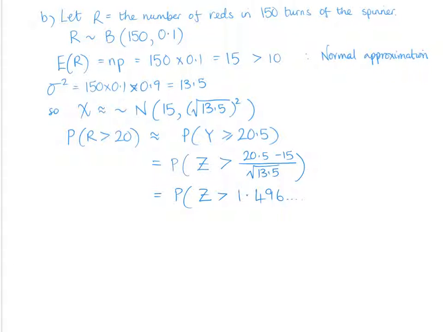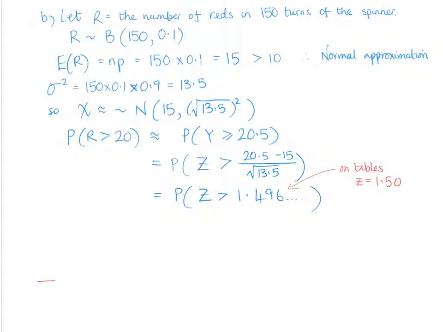And then from there we get probability of Z greater than 1.496, etc. Now on the tables, the closest value that we'll get for this on the normal tables is Z equals 1.50. So if the value's not there on the table, then you look for the closest one to it.